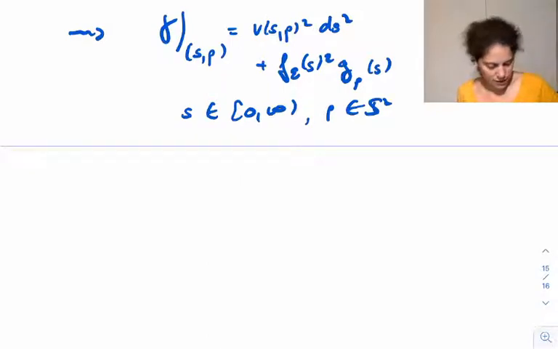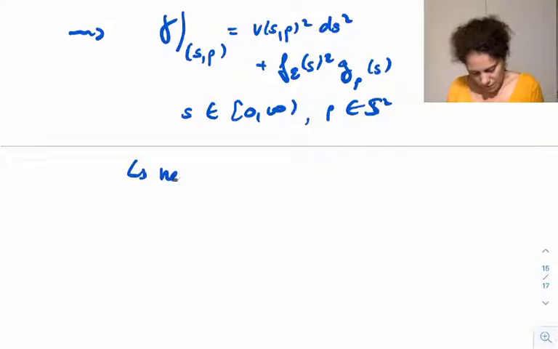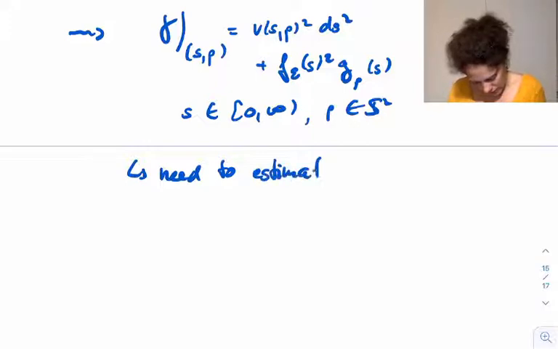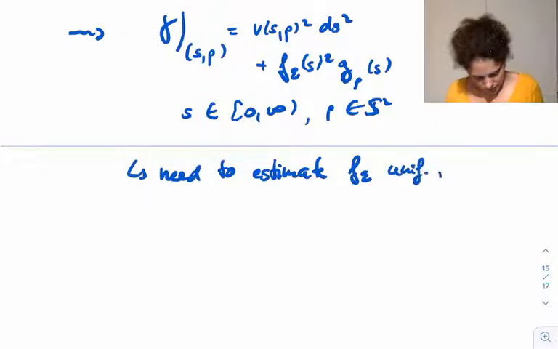So all the things we wanted, but in addition, none of the things except the radial profile little f epsilon depends on epsilon. So if we want to get estimates on uniform or C1 alpha convergence, we just need to estimate f epsilon uniformly in epsilon. And of course f epsilon prime.